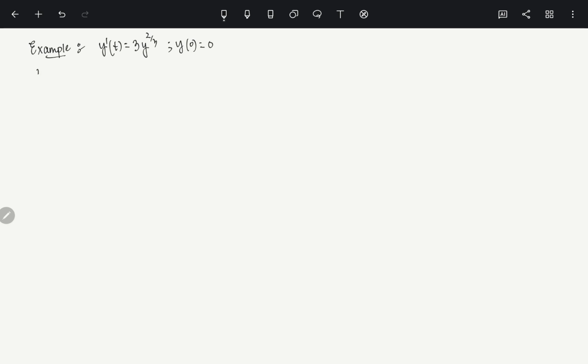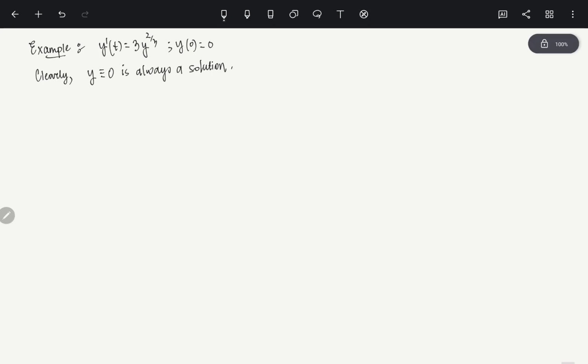So clearly y identically equal to 0 is always a solution, right? If y is identically 0, y' is 0, and this part is also 0. So the left and right hand sides are 0 for all t, and of course y at the point 0 has to be 0, right? So that is always there.